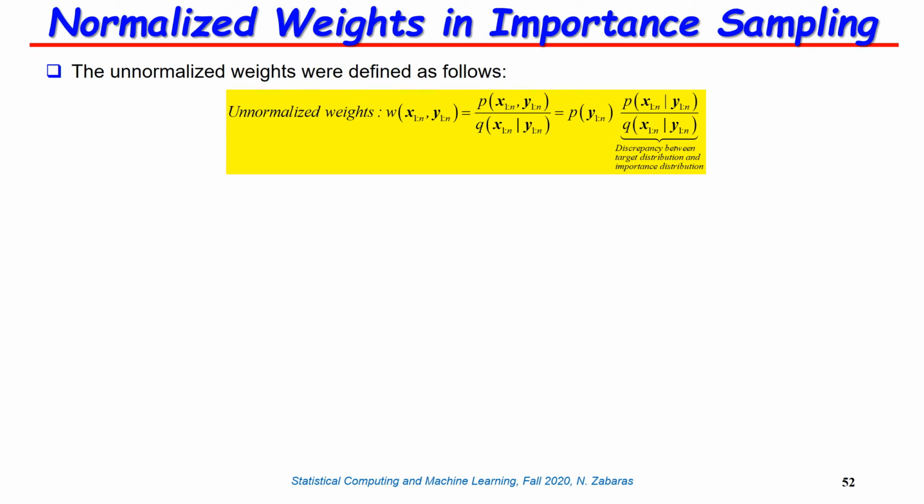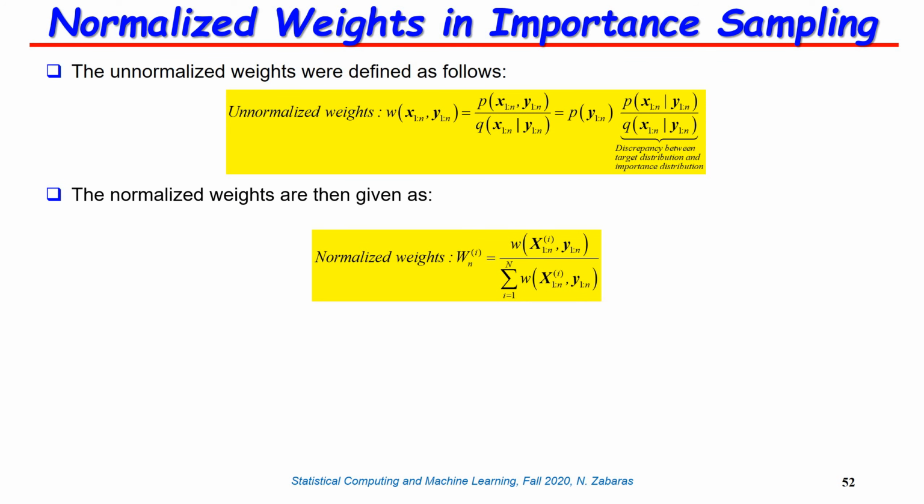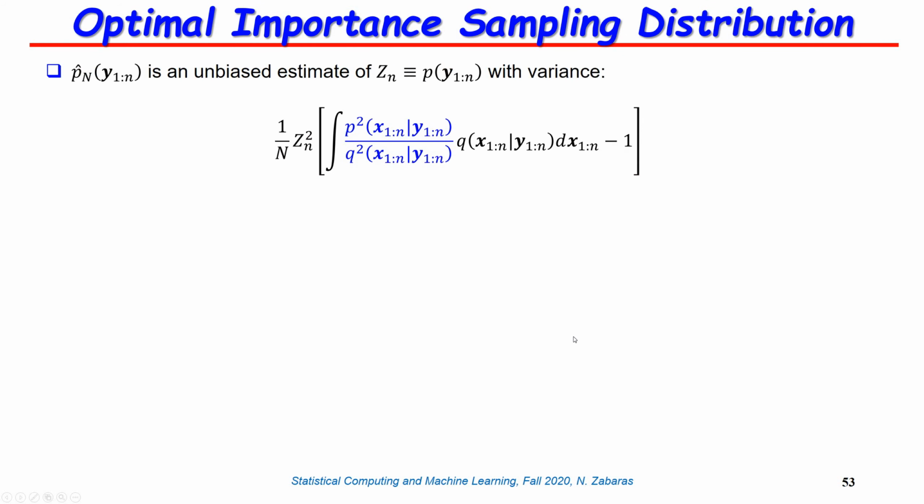And of course, this makes a lot of sense. And again, you see here the definition of the normalized weights, the little w divided by the summation of all the w's evaluated at all your samples.